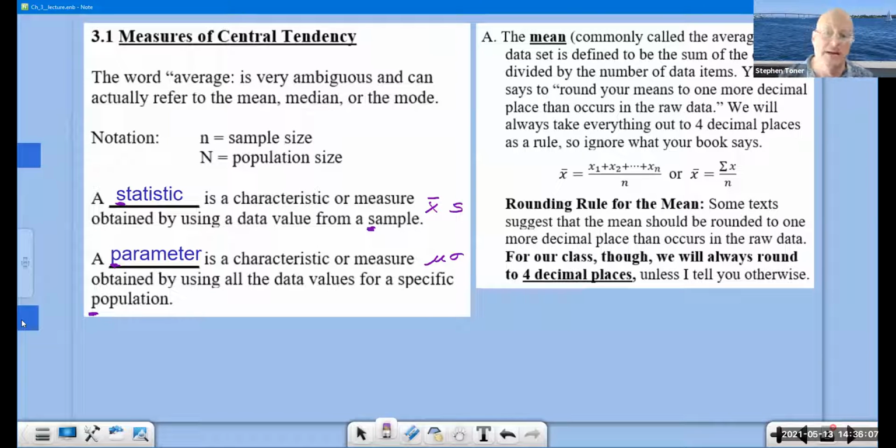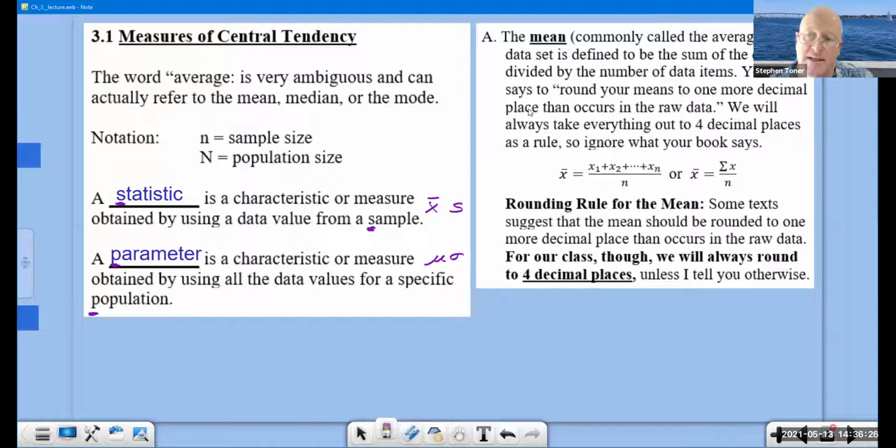Now, the mean is something that you're very familiar with because in a lot of other math classes, you have been asked to calculate the mean. You basically add up the data values, you find the sum of the data values, and then you divide by the number of terms.